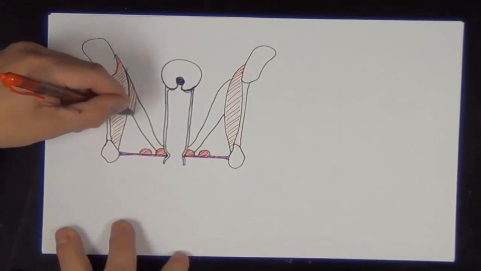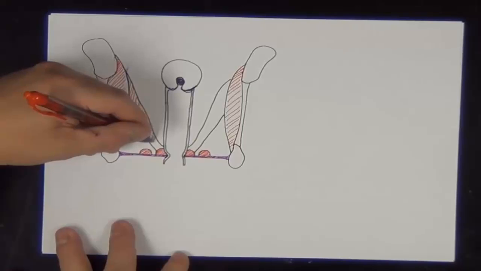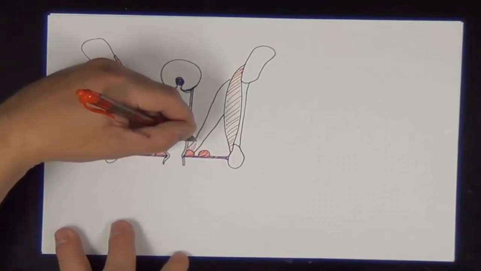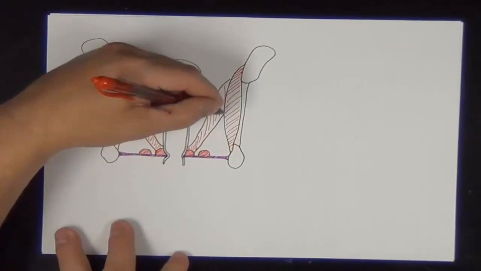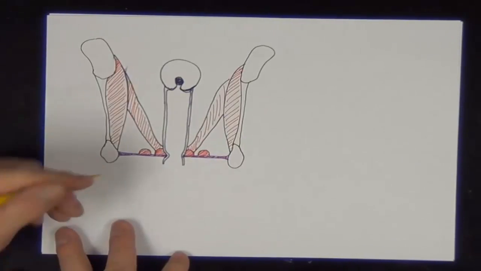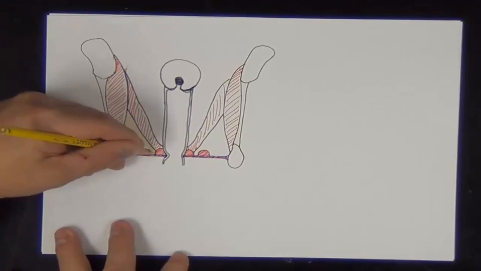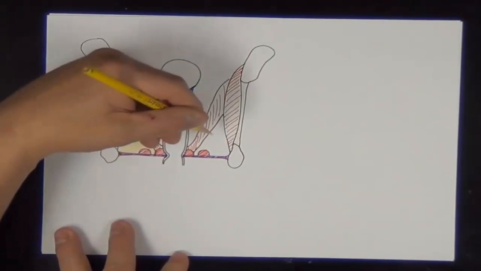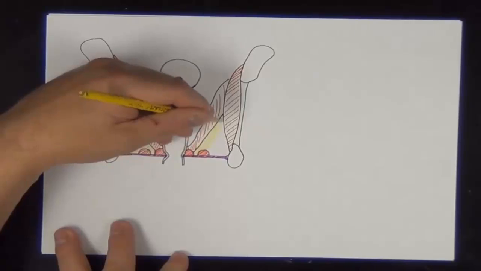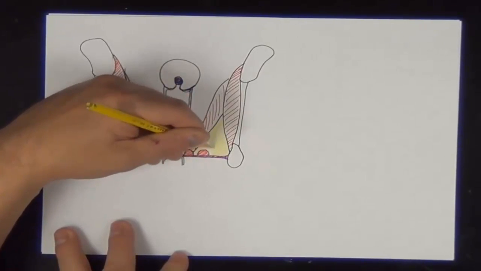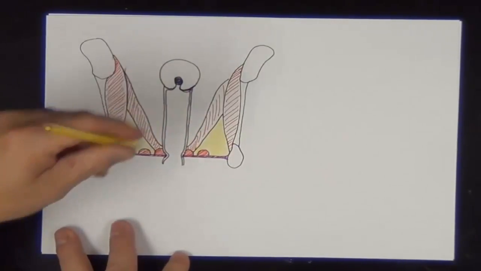And we'll draw in the muscle fibers of levator ani as well. And we've, no shock there, got our anterior recess of the ischioanal fossa. The fatty fibers that are in there, or fatty tissue, adipose tissue that's in there.